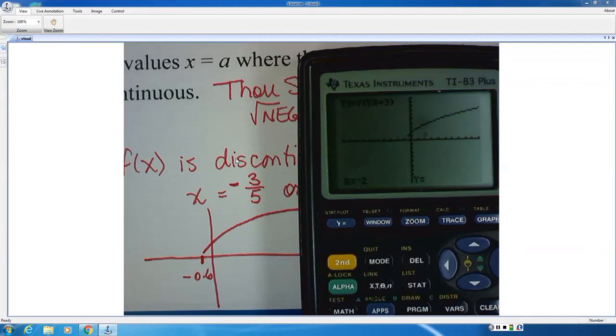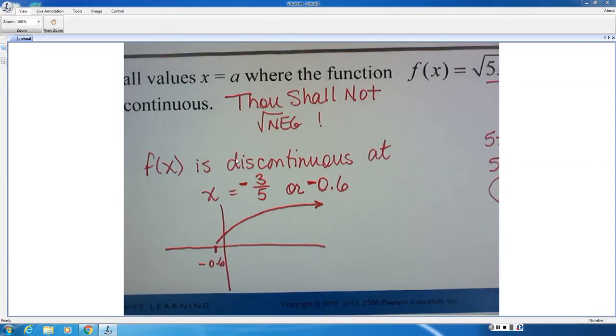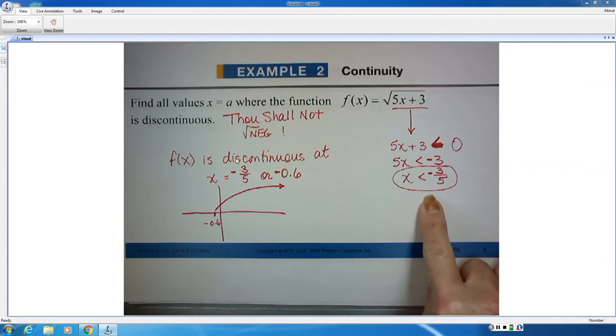So where the function actually is discontinuous is for all x values that are less than, not equal to, but less than -3/5. Makes sense.